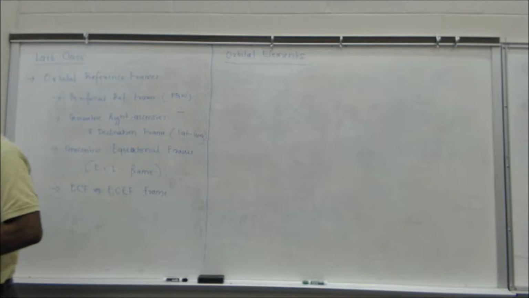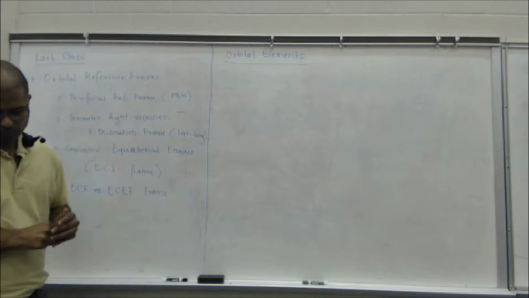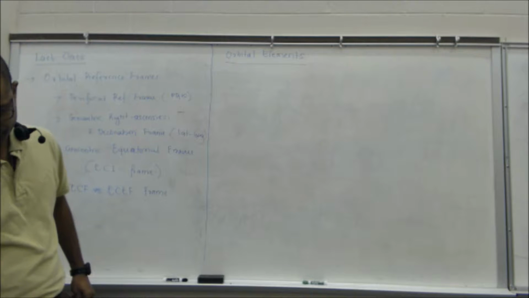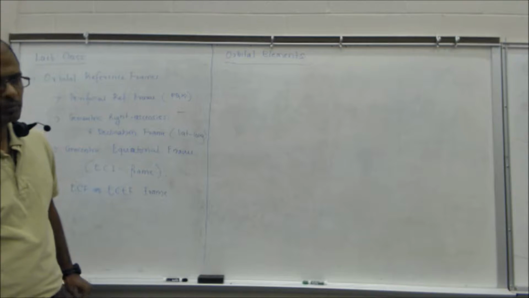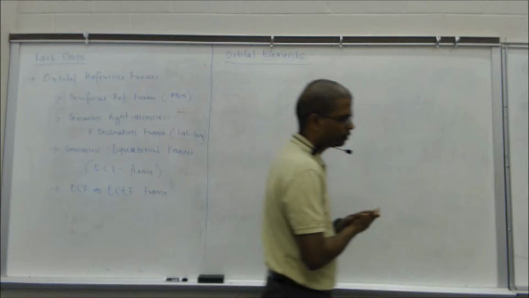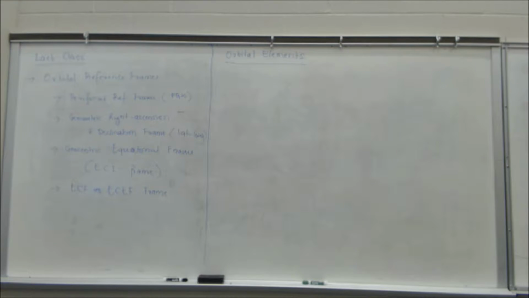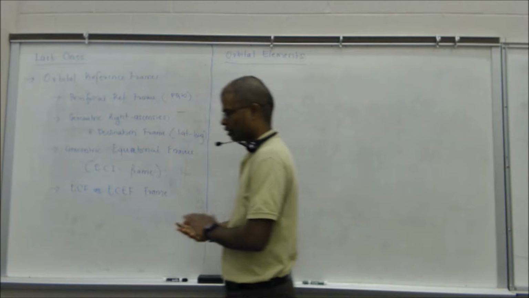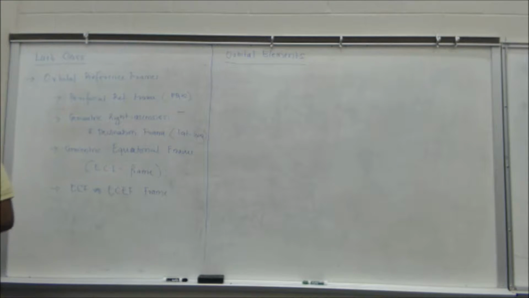All right. This is by far the most important information you should know as orbital engineers or as space engineers. If you go into grad school or take up a job as a space engineer, people expect you to know this like the back of your head.